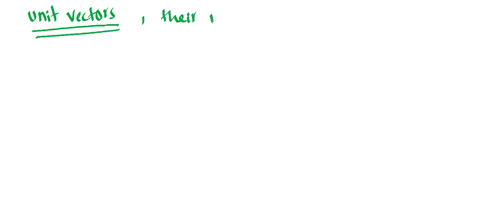Next thing I want to talk about is unit vectors. Unit vectors are vectors that have magnitude of 1. And the way we represent unit vectors is, instead of having an arrow, we have a hat.